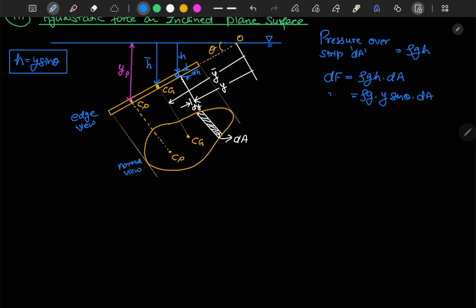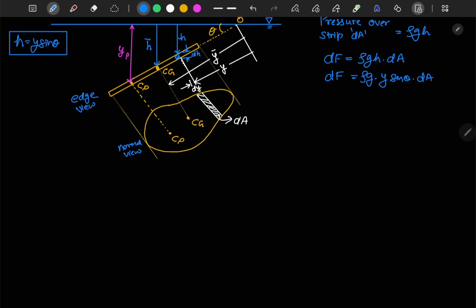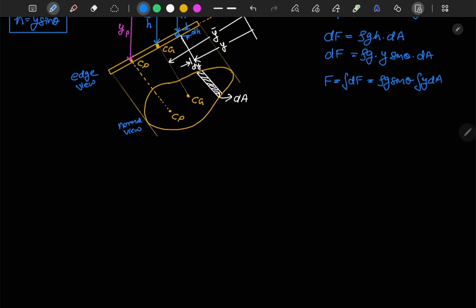This is your dF. Now if I want to obtain the force, F is equal to the integration of dF. I can write it as rho g sine theta times the integration of y dA. Again, this y dA is the first moment of area of the elementary area dA.